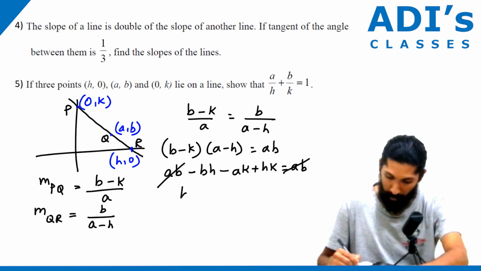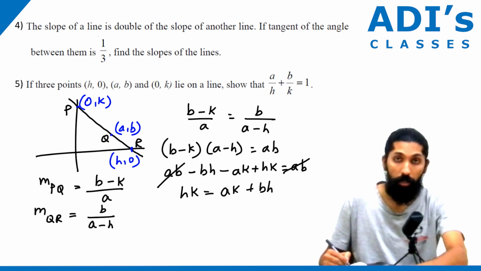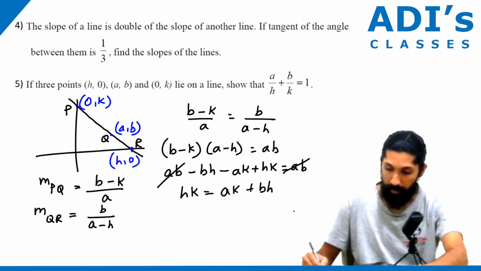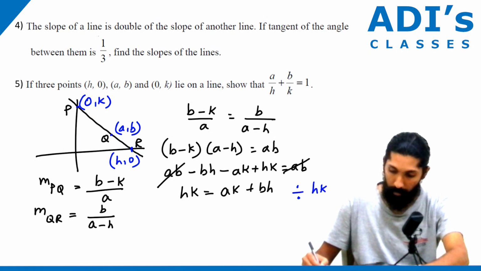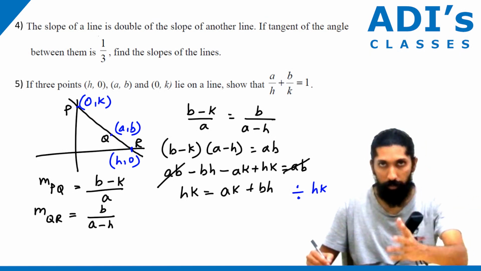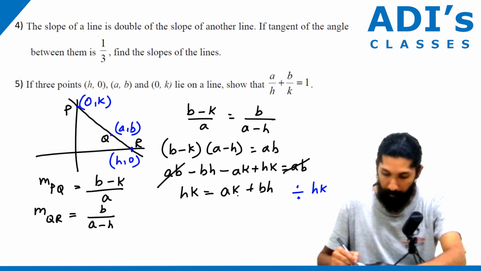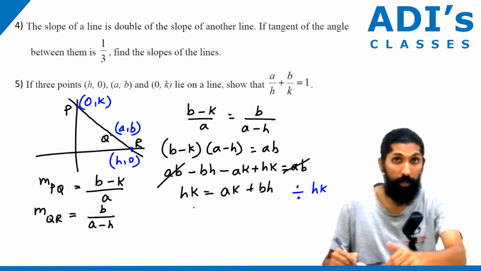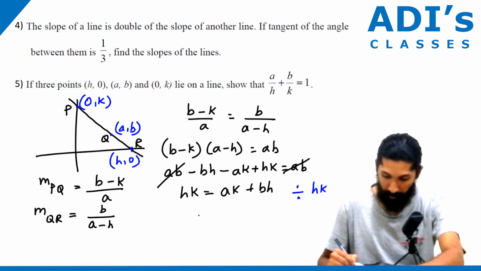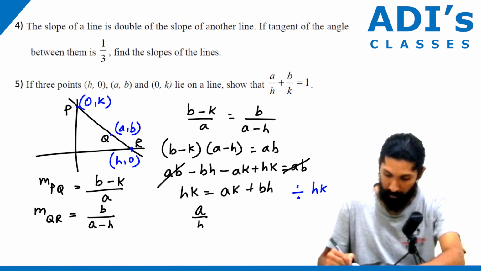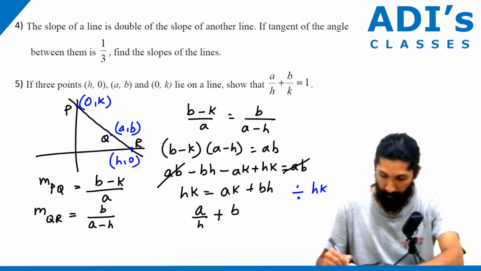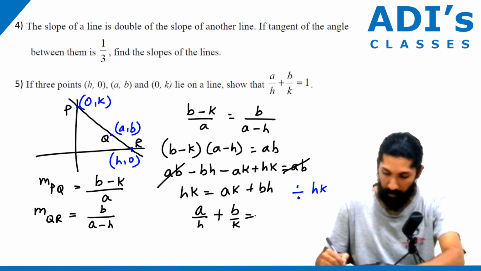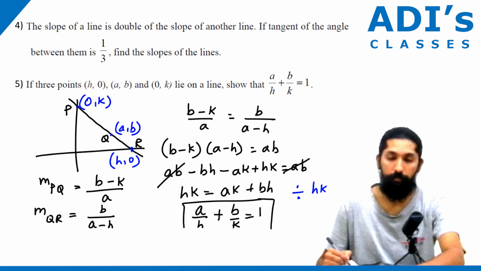So you get hk is equal to ak plus bh. Now divide both LHS and RHS by h into k, that is, divide by hk. On the LHS it's 1, so we'll keep it on the RHS. ak divided by hk is going to give me a by h, plus bh divided by hk is going to give me b by k, is equal to hk by hk, which is equal to 1.